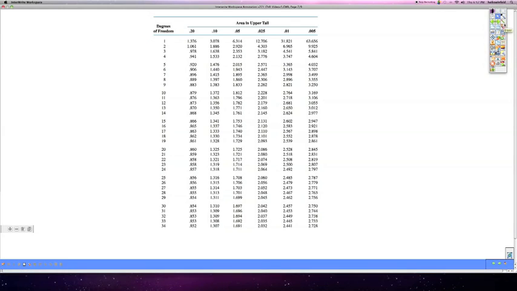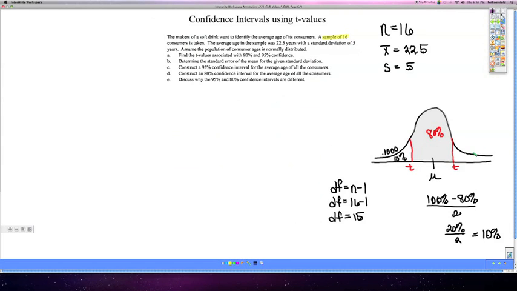This means we will be looking on the line with 15 degrees of freedom. Now, the area in our upper tail. The area in both tails is the same, whether it's the upper tail or the lower tail. And so in this case, the area in the upper tail is 10% or 0.10.